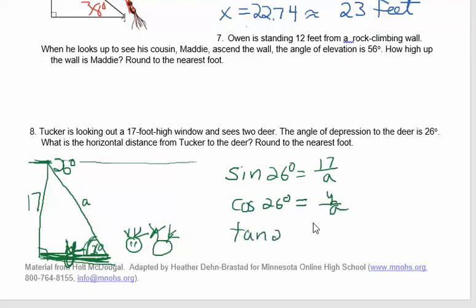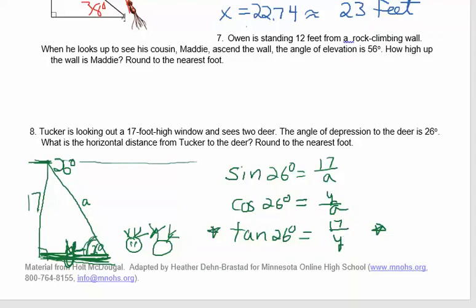If I did the tangent of 26, that would give me the opposite side over the adjacent side. That looks like my best bet because I know the opposite side is 17, and I don't know the adjacent side, but that's what I'm trying to find, so that's the only unknown. So use the tangent of 26 in order to answer this question.